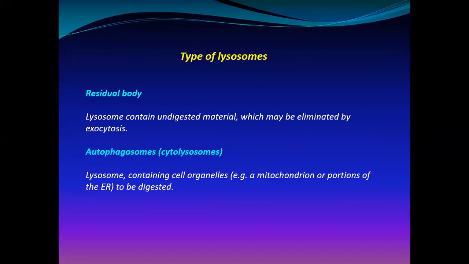Understand? So mitochondria or portions of the ER to be digested, that is what you call autophagosome. And then when the mitochondria or any of the cell organelles is destroyed by lysosome, that process is called autophagy.